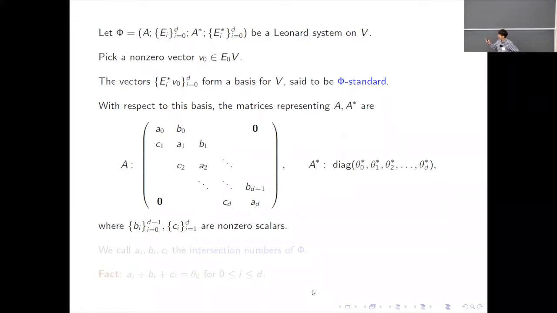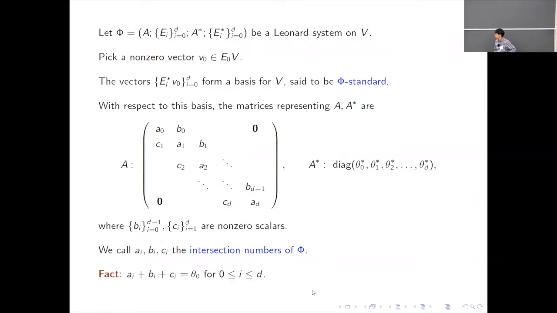So A is a tridiagonal matrix, and A star is a diagonal matrix. Actually, the tridiagonal matrix is irreducible. In other words, B I, C I are non-zero scalars. We call these entries A I, B I, C I the intersection numbers of Phi.